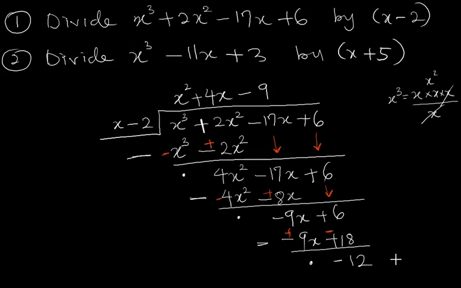So here we stop. So now this is a remainder. You can say this is our R(x). This is the quotient. You can say that's our Q(x).